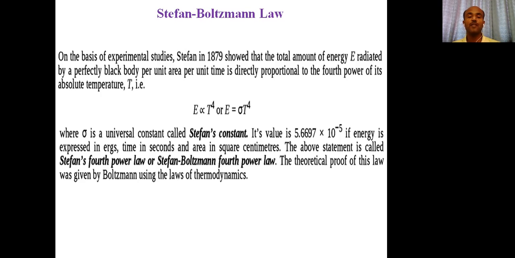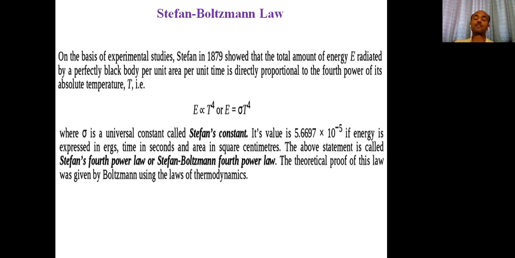On the basis of experimental studies, scientist Stefan in 1879 showed that the total amount of energy E radiated by a perfectly black body per unit area per unit time is directly proportional to the fourth power of its absolute temperature T. That is, E is directly proportional to T raised to 4, or E is equal to sigma T raised to 4, where sigma is a universal constant called Stefan's constant.